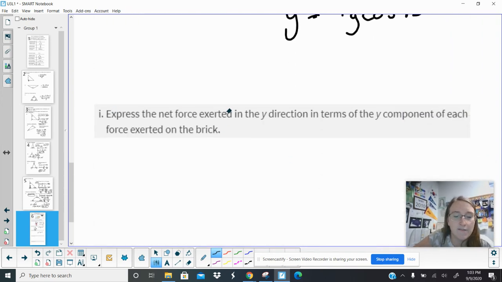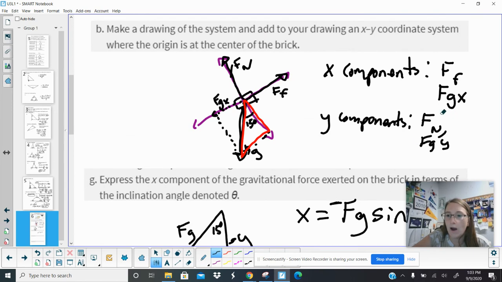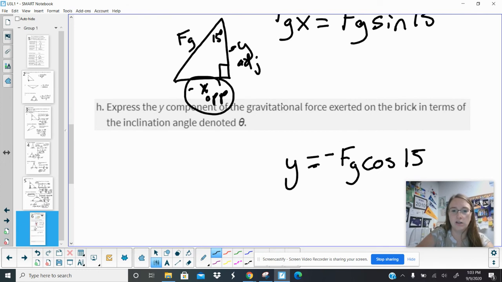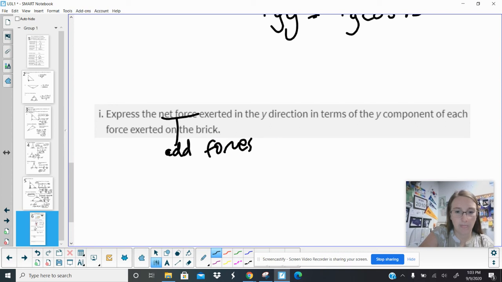It's express the net force exerted in the y direction in terms of the y component. So let's look back up. We said our y components were the normal force and the force of gravity in the y direction. So here's the force of gravity in the x direction. Here's the force of gravity in the y direction. A net force means to add your forces together.